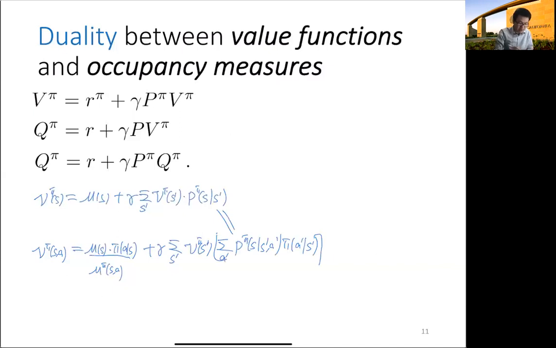Notice that we are multiplying this pi of A given S on both sides, so let's add this pi of A given S here. So what does this give us?